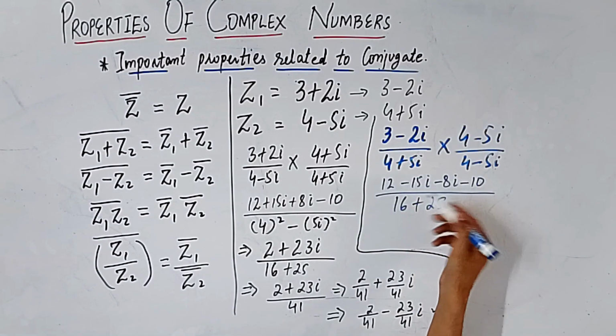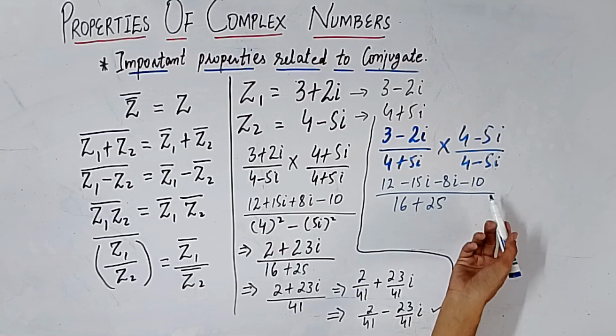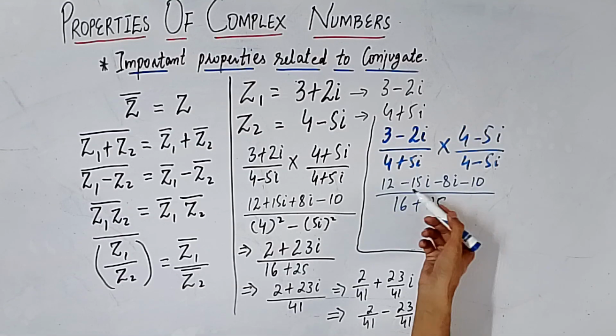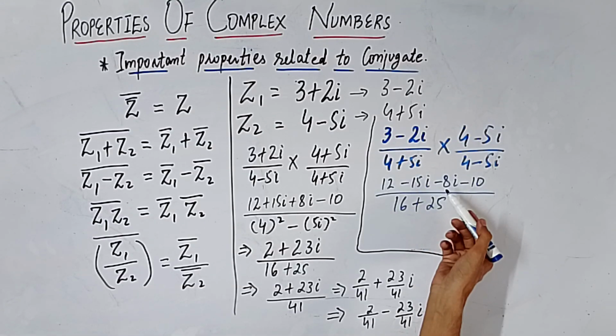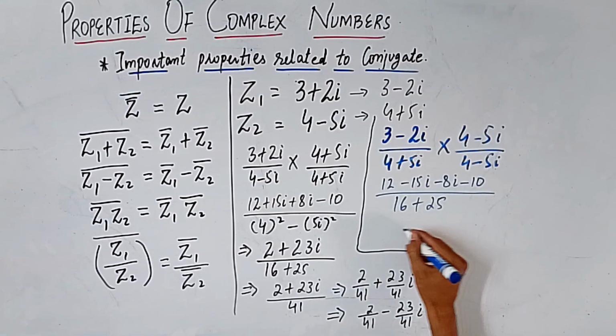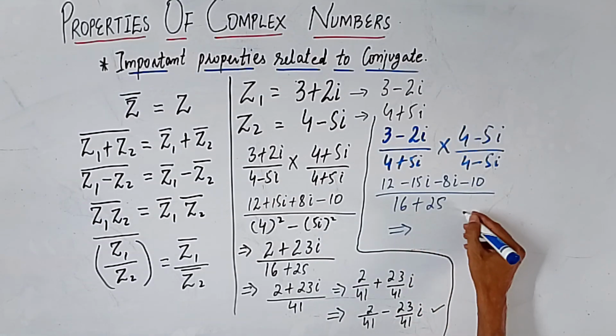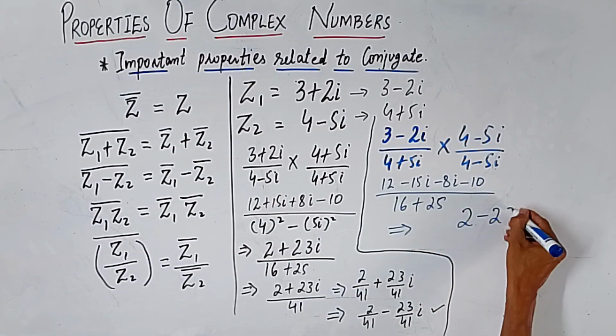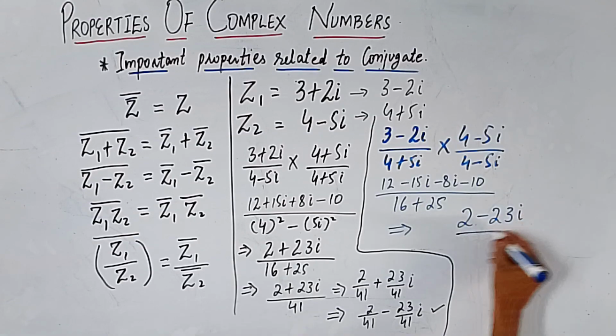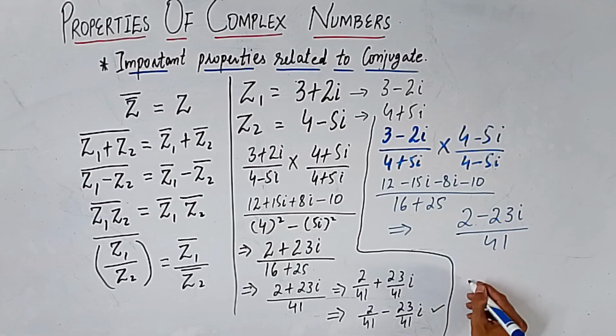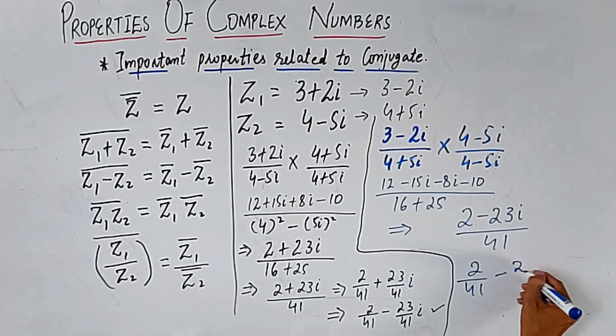So finally you will get 12 minus 10. 12 minus 10 is 2, and minus 15 and minus 8 is minus 23, so it will come 2 minus 23 iota upon 41. Taking the LCM, you will get the same answer, 2 upon 41 minus 23 upon 41 iota. So this is how we can prove our properties.